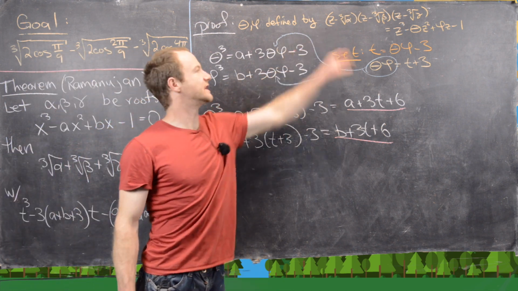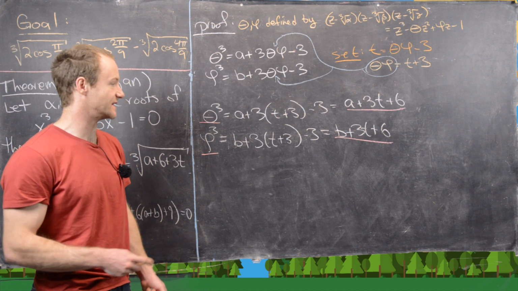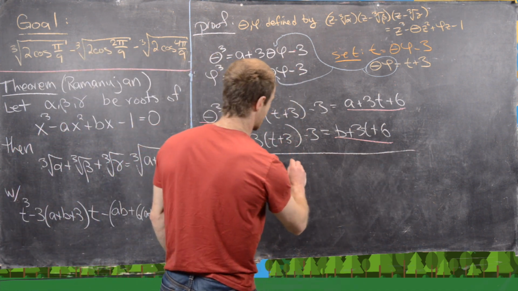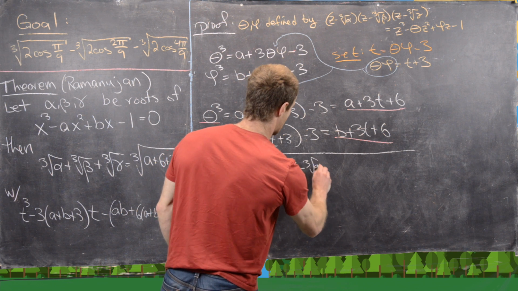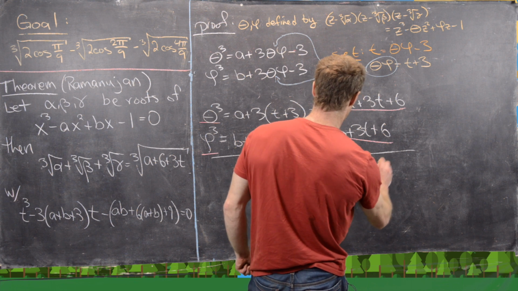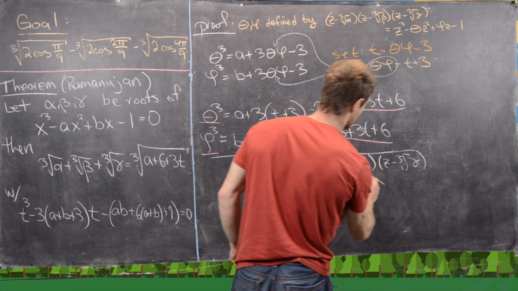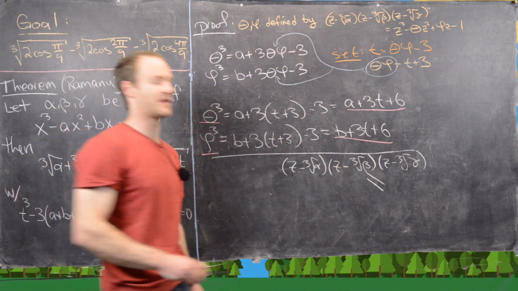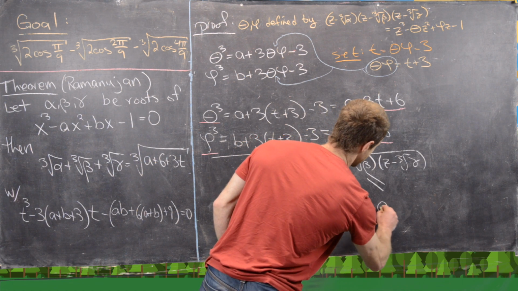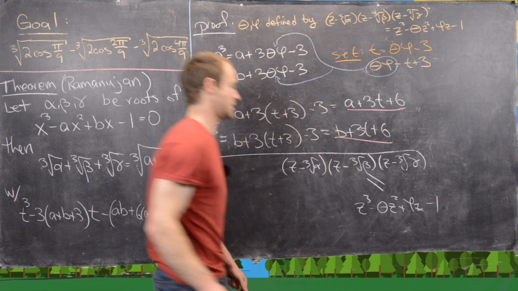So the next thing that we want to do is take this polynomial and expand it out 2 ways. So let's just go ahead and copy this down now. So we've got z minus cube root of alpha times z minus cube root of beta times z minus cube root of gamma. Great. So then by definition of theta and phi, that's equal to z cubed minus theta z squared plus phi z minus 1.